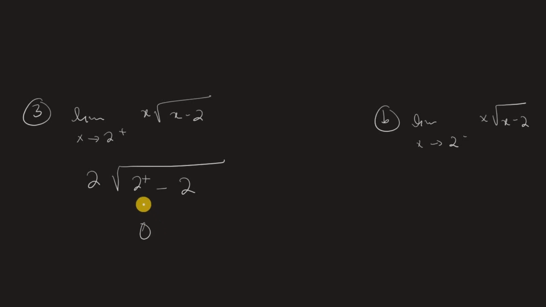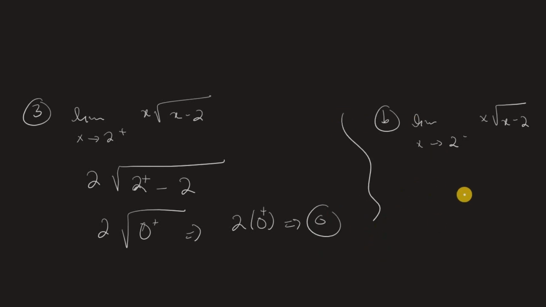If you do this, it should give you 0, but you have to put 0 from the right, because here it was 2 from the right. And then if you multiply this, it should give you 0, and eventually you'll end up getting a 0.